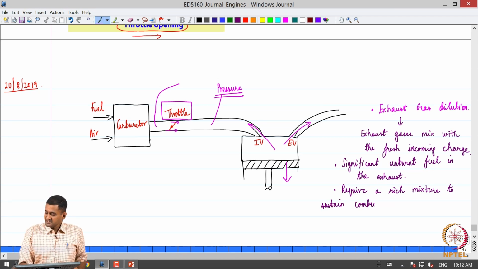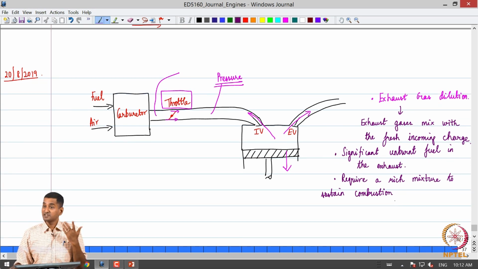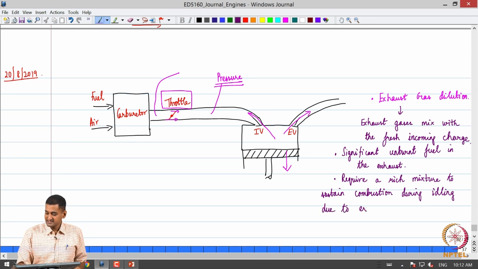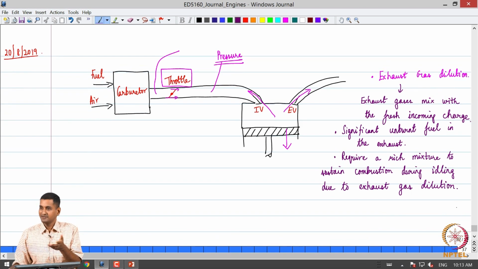So, the primary reason behind the requirement of a rich mixture during idling is exhaust gas dilution. We require a rich mixture to sustain combustion during idling due to exhaust gas dilution, or in other words, the dilution of the fresh charge due to exhaust gases mixing with it.